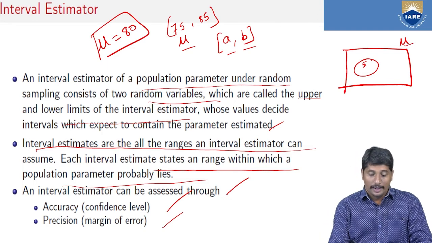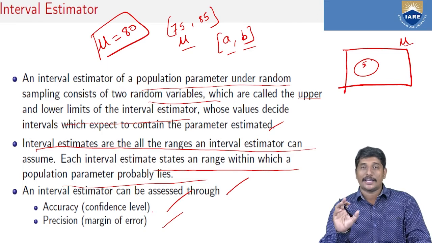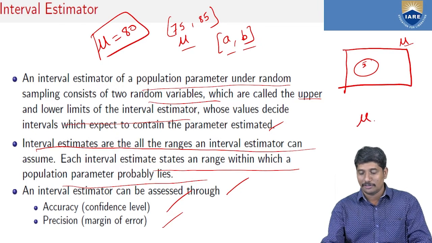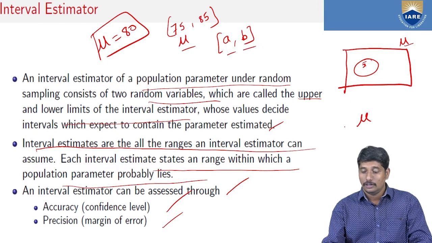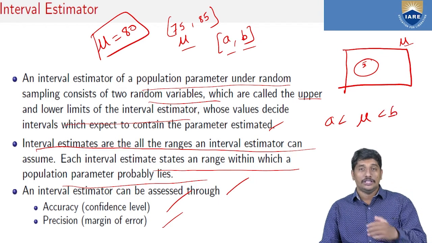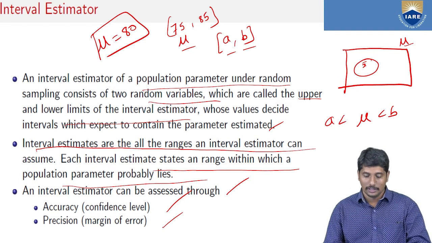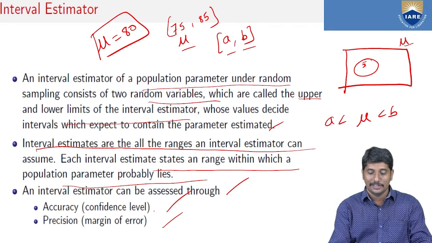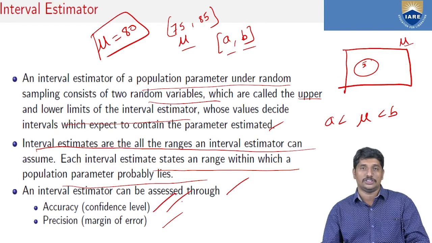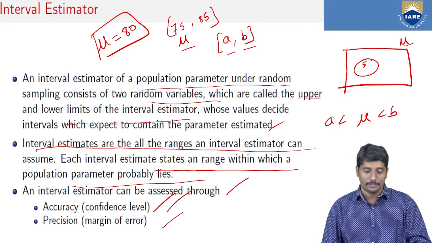That is accuracy, meaning how accurate we are in estimating the interval of mu. Are we attaining the maximum accuracy? For that, we will use the confidence level concept, which we are going to discuss in the coming minutes.